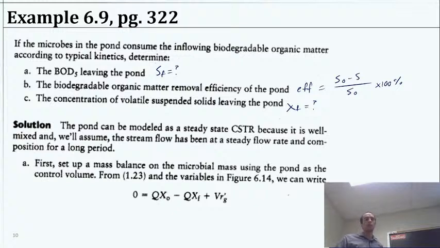Now what you'll notice here is we're solving for S, and immediately the book says, okay, let's do this by making a mass balance on X. So it might be a little counterintuitive. You might think to yourself, well, why aren't we doing a mass balance on S? We need to solve for S. This is counterintuitive, but you'll see as we work through this that it ultimately makes sense.